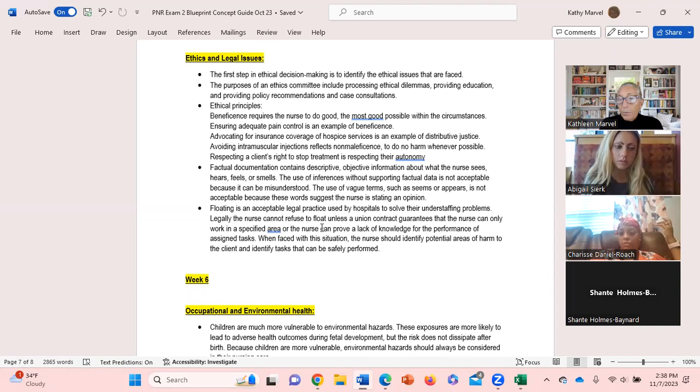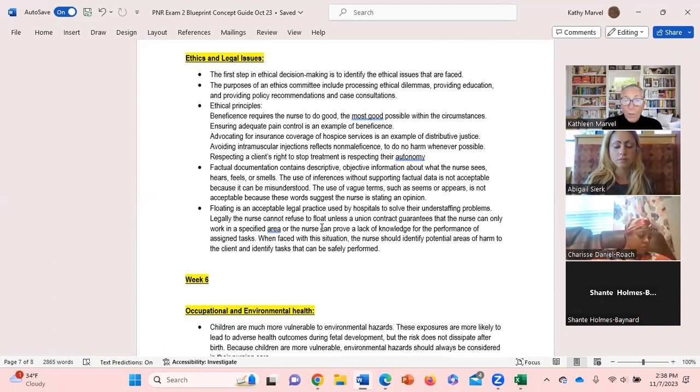Okay. It's an objective description, so it's factual. Using inferences without factual data, you can't chart that. Patient seemed to me in a bad mood today, right? If the patient factually says something to you, you can document that, but your subjective observations are not factual, correct?